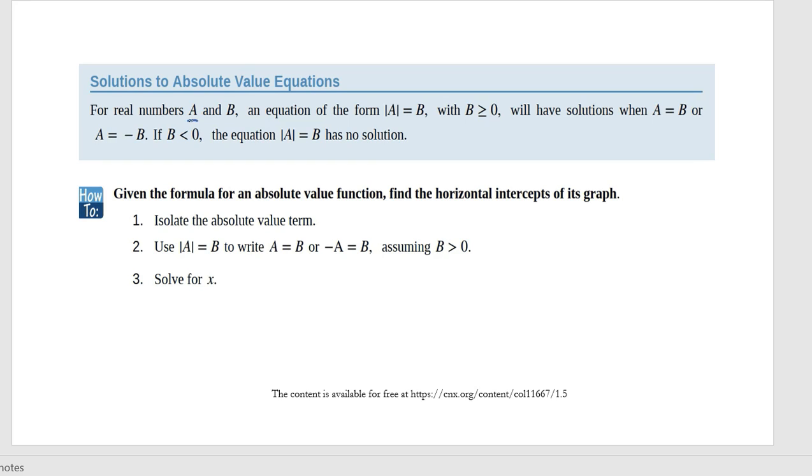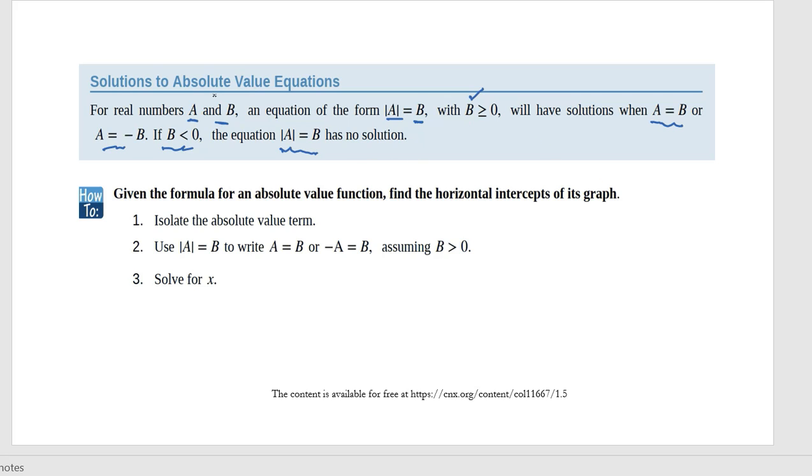For real numbers a and b, absolute value of a is equal to b: if b is greater than or equal to 0, then a is equal to b or negative b, and if b is less than 0, absolute value of a is equal to b has no solution.